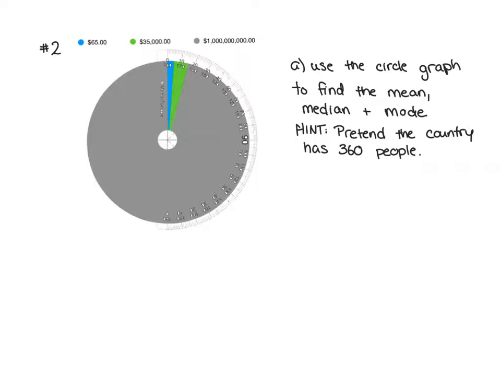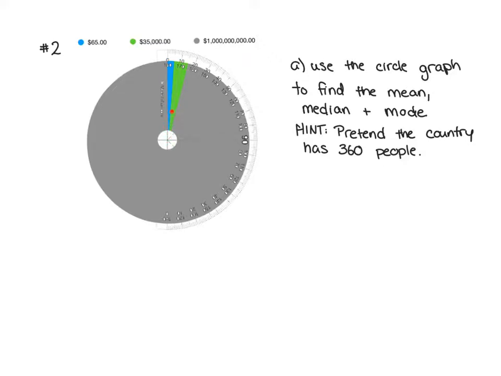So I have my protractor all lined up with the base here for the blue section. And I have my data completely backwards, this is apparently the section of people that make $65 a year. So this data is going to be very different from yours, but that's okay.